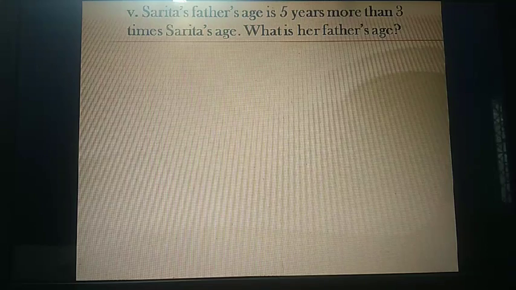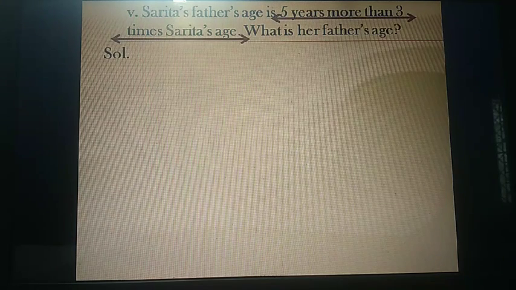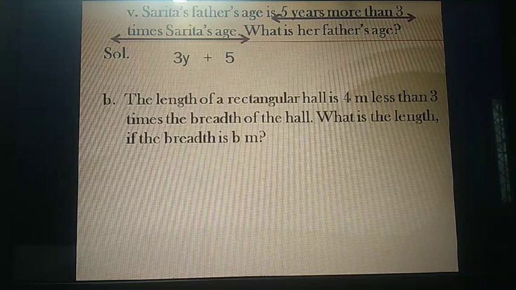Sarita's father's age is 5 years more than 3 times Sarita's age. What is a father's age? First, it's given 3 times Sarita's age. So you will write 3y and then 5 years more, it means plus 5. Next. The length of a rectangular hall is 4 meters less than 3 times the breadth of the hall.